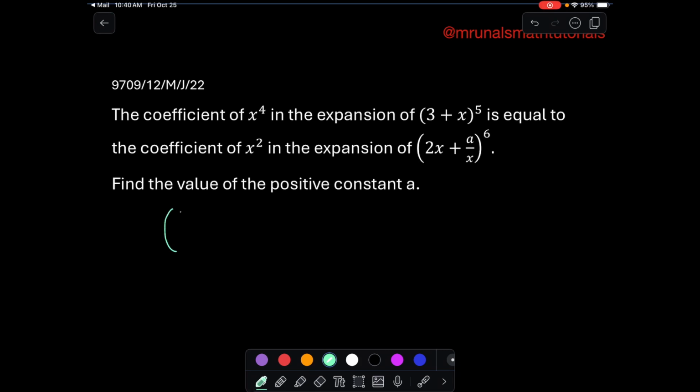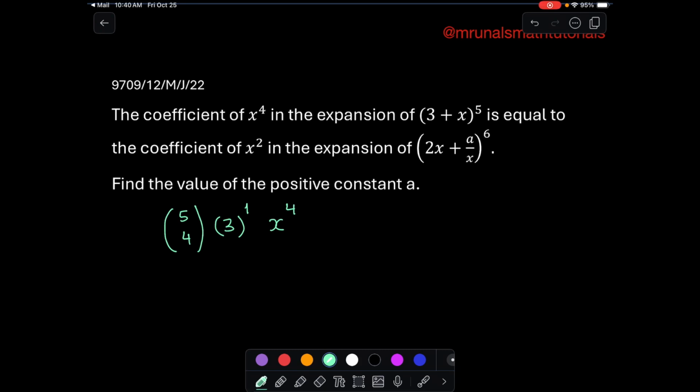It is just going to be NCR, which is 5C4. The value of r is going to be 4 because we are looking for the coefficient of x to the 4th. 3 to the power of 5 minus 4, which is 1, and x to the power of 4.